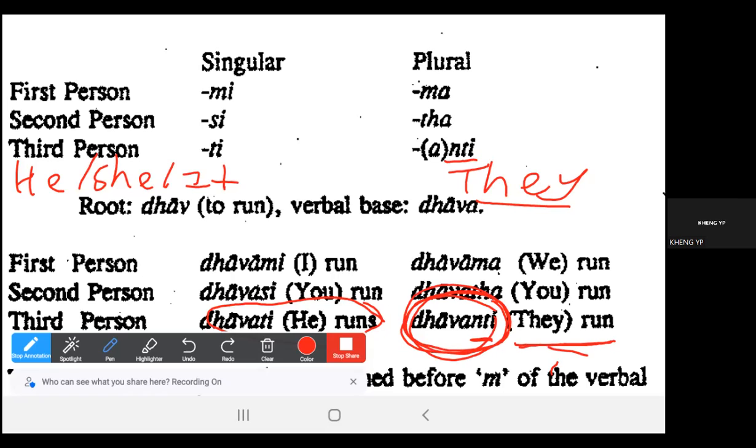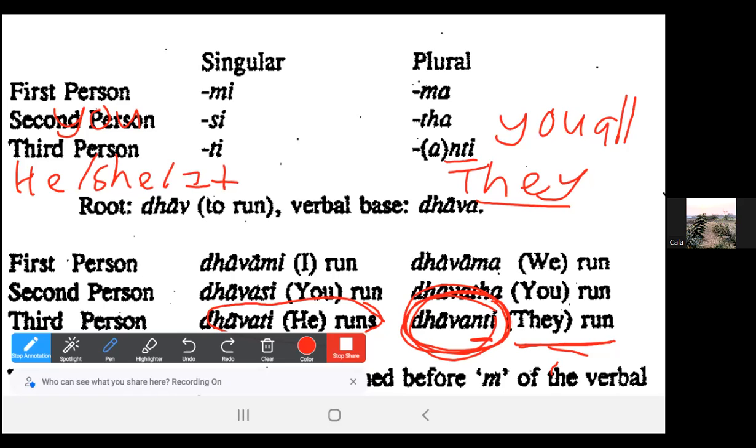Okay. All right. Second person is talking about you. So you run, si. And plural we can translate as you all run, so ta. You all. Third person is he, she, it, they. Second person is you all.